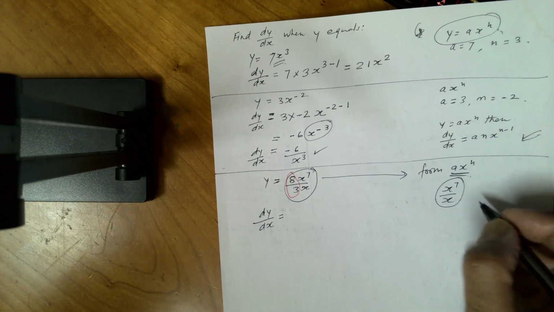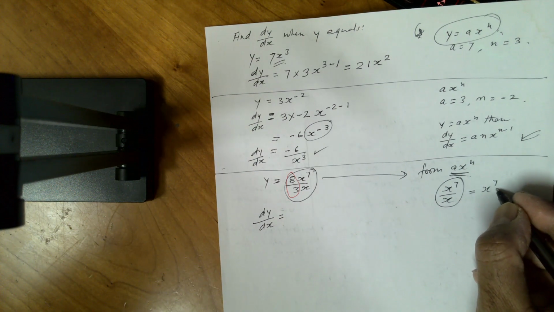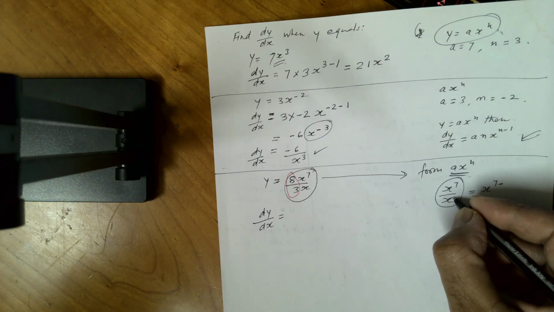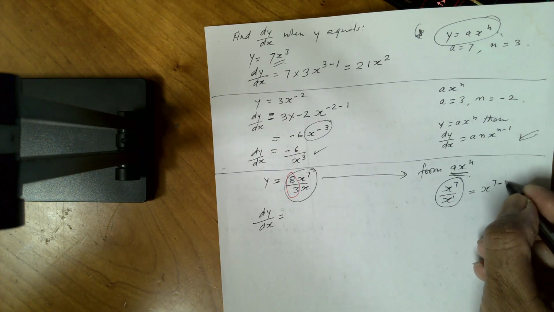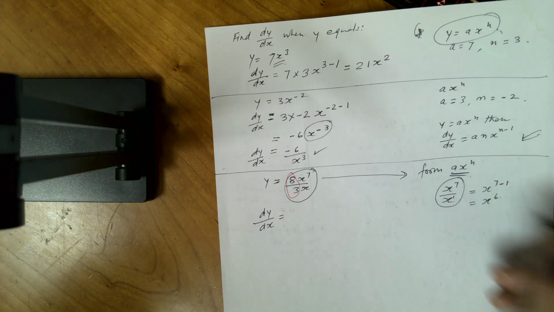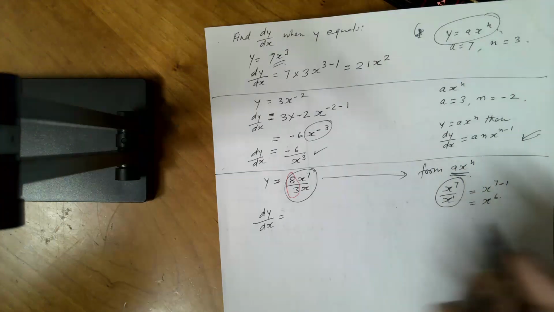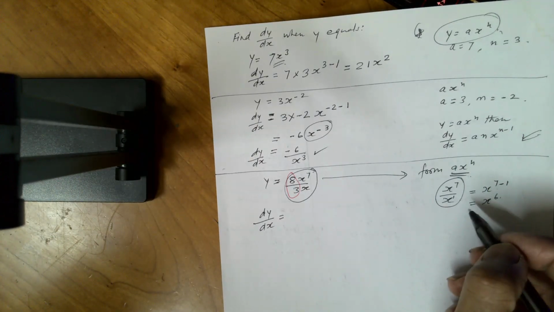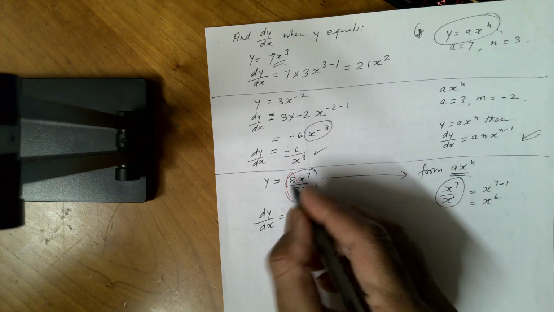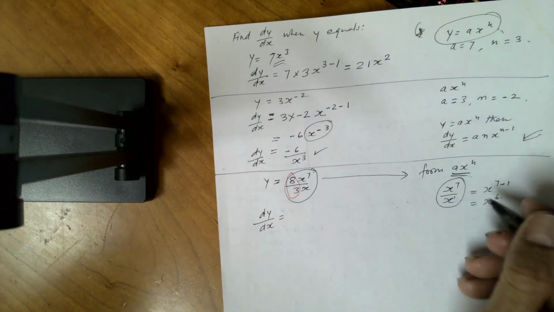This can be written as x to the power 7 minus 1, since x has power 1 here, and that can be written as x to the power 6. Now you know you have it in this form, so this can be written as 8 over 3 x to the power 6.